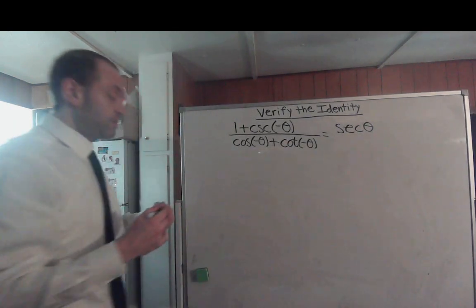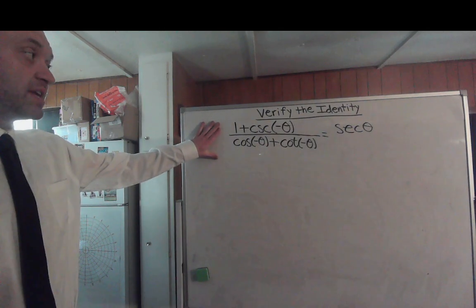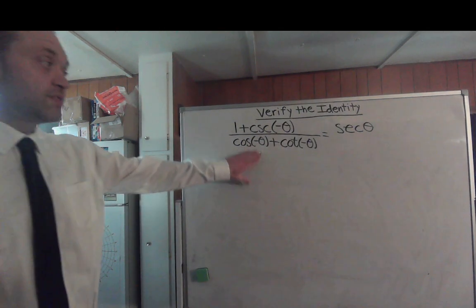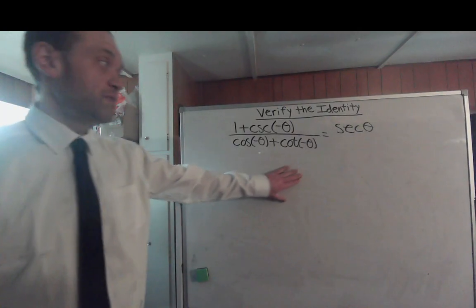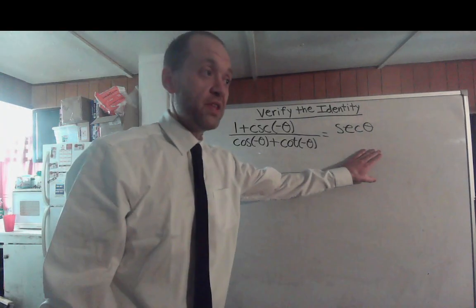So we have to verify that 1 plus the cosecant of negative theta all over the cosine of negative theta plus the cotangent of negative theta equals the secant of theta.